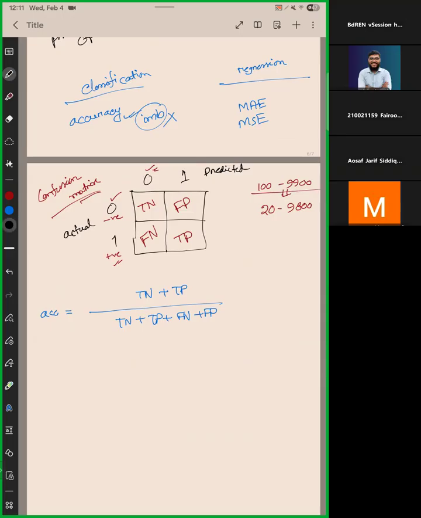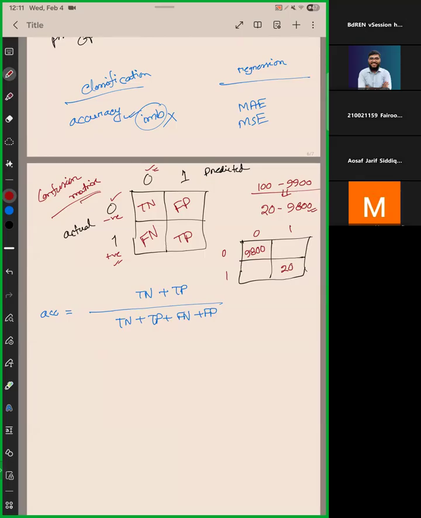So if we try to create a confusion matrix from here, what will it be? What will be the number of true negatives? Sir, 9800. 9800 is correctly classified, so that is the true negative. 20 is correctly classified, so that is the true positive.